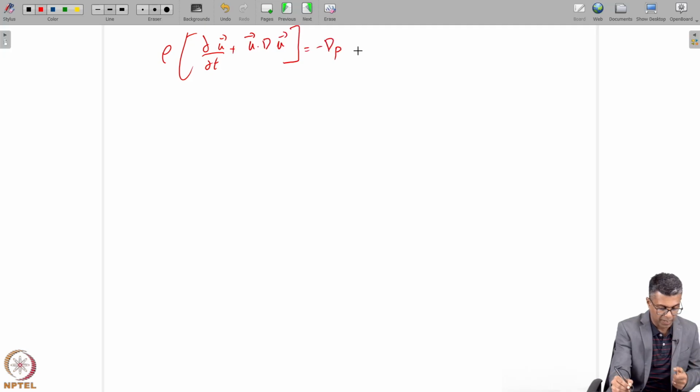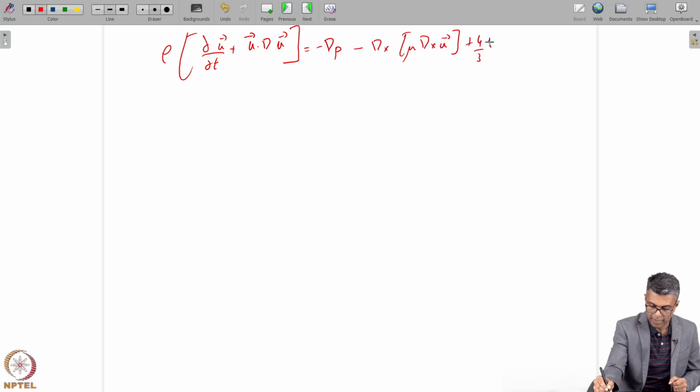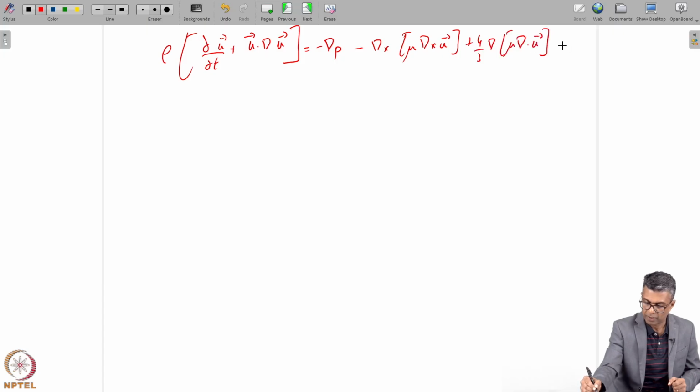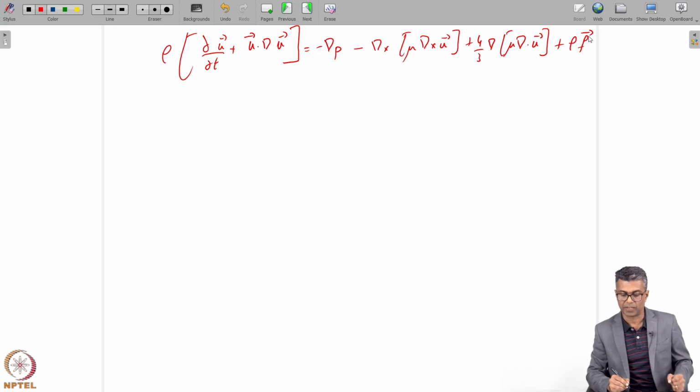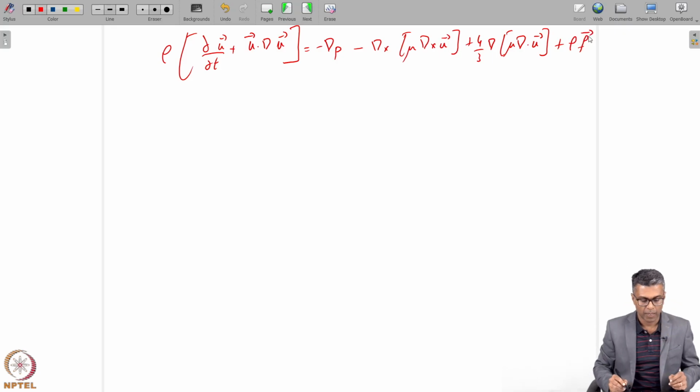P is a scalar, but del p becomes a vector, minus del cross mu del cross u, isn't it? Plus 4/3 del, and then you will have mu del dot u, u is a vector again, plus rho f. F is a vector.